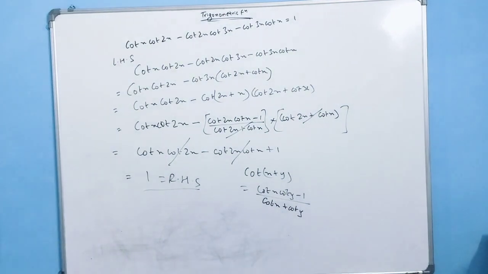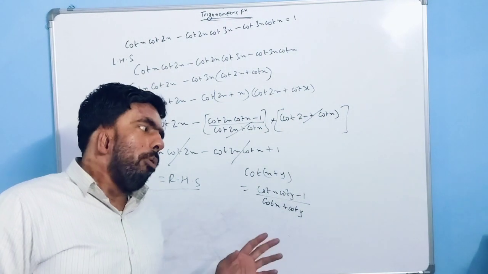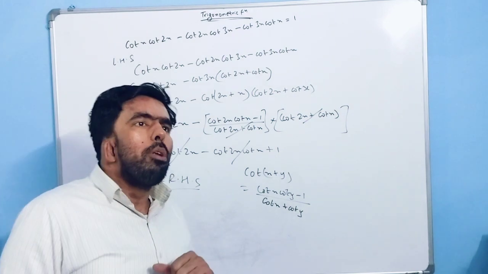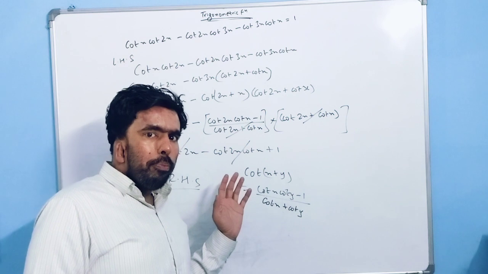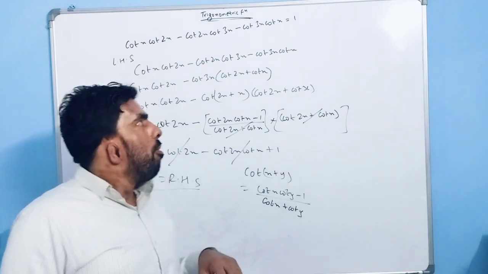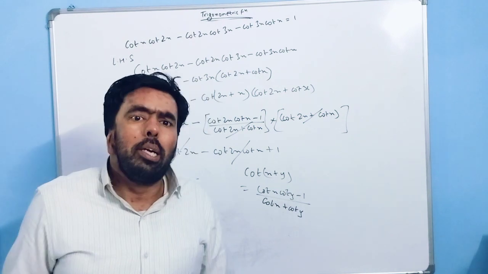So that is how we can solve such numericals based on the trigonometric formulas. The most important thing is that we need to take care of the formulas. If we don't know the formula, we can't solve such kinds of problems. So that's all for today.